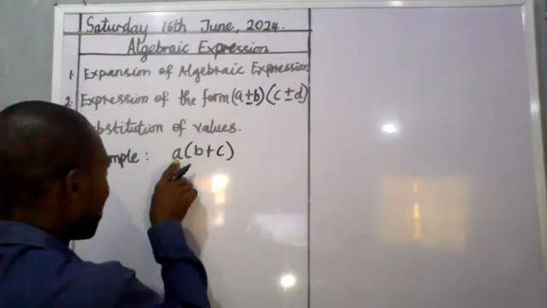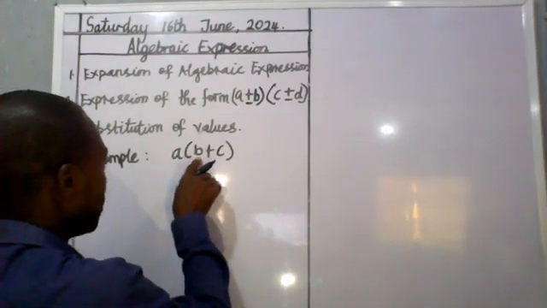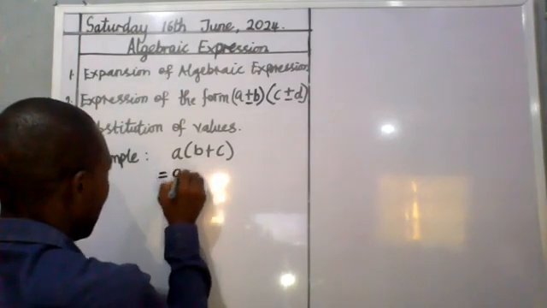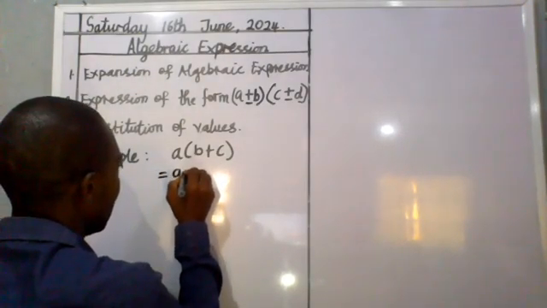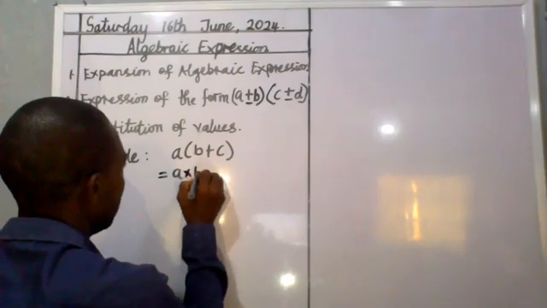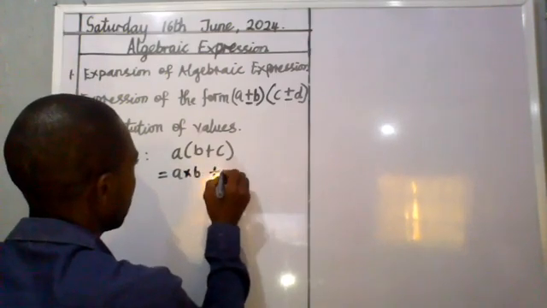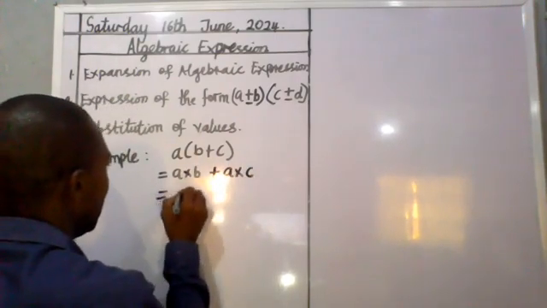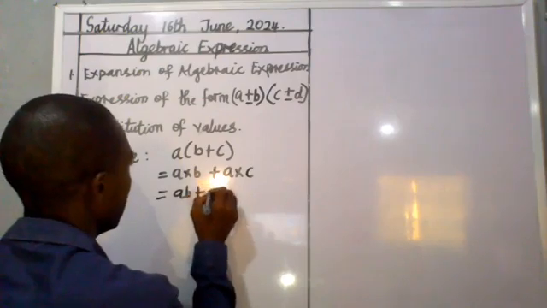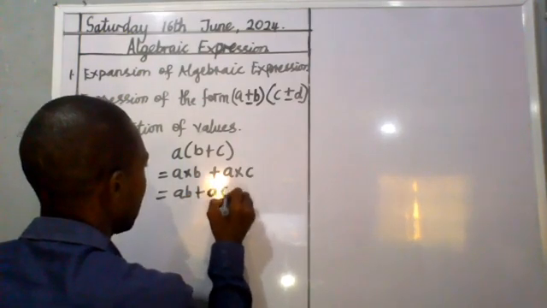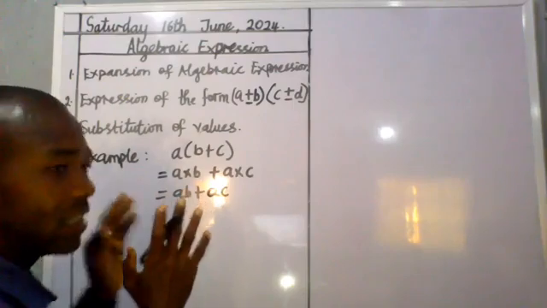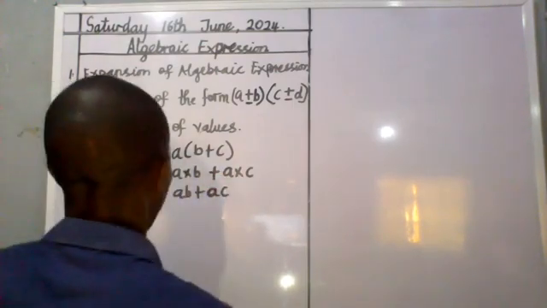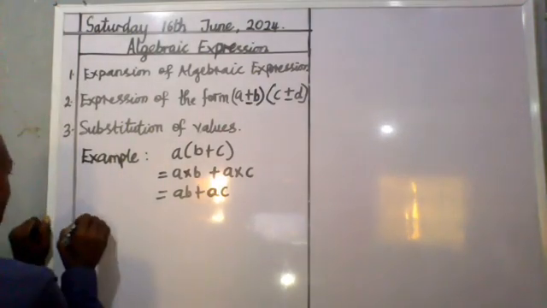I am going to multiply A with B and C. It goes thus: A times B plus A times C, and that gives me AB plus AC. Okay, this is expanding that expression.